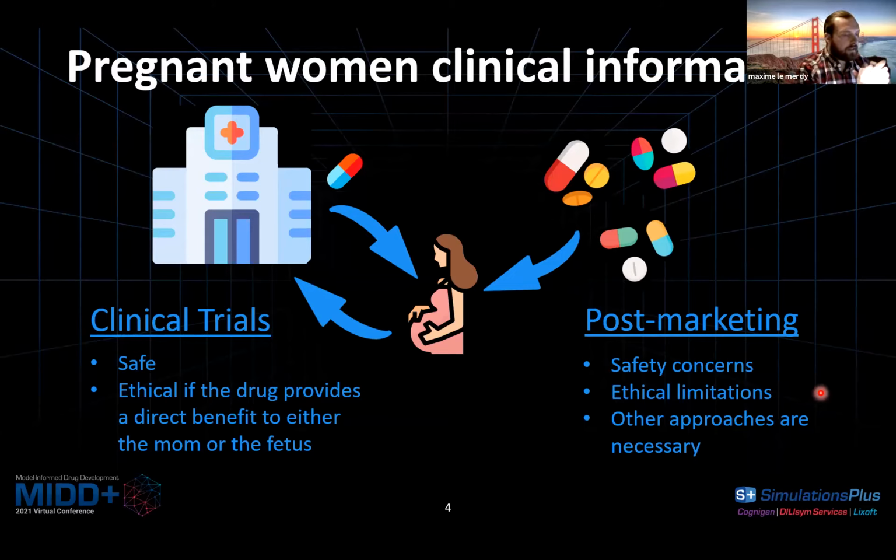And that really raised a lot of safety concerns because basically we would see the effect only after a significant number of pregnant women would have them. So we are looking at the issue after it had happened. And that generates a lot of ethical limitations. So because of those concerns, other approaches are really necessary.